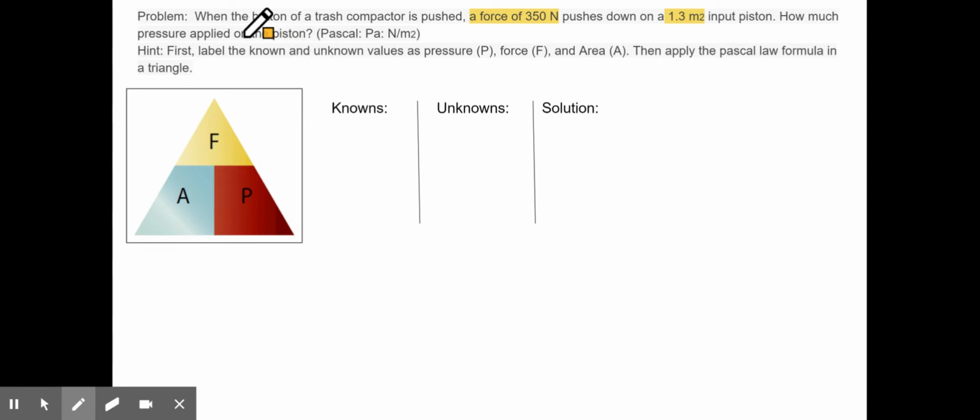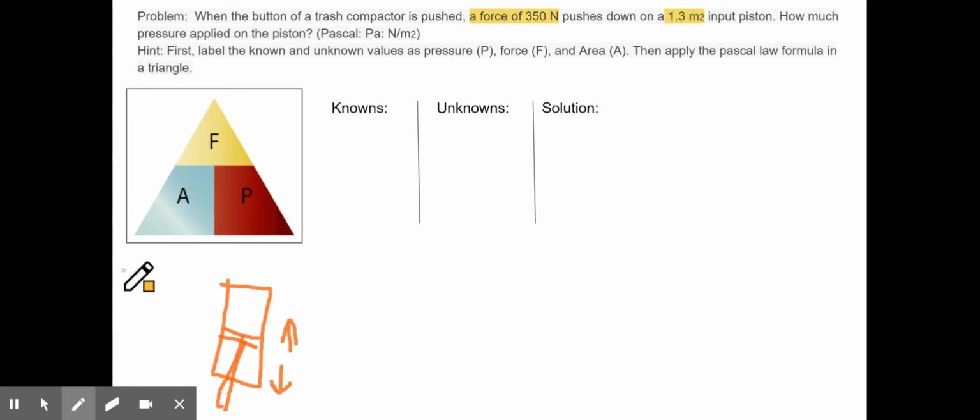First of all, you don't have to know what type of system this is, with the button and the trash compactor and the piston. So remember the simple diagram that I showed you in the class. There's a cylinder here, and there's a piston here. That piston goes up and down depending on what the work is.